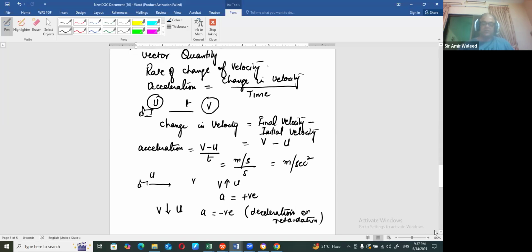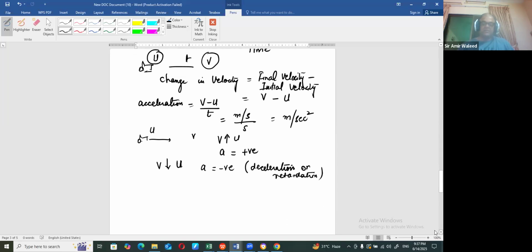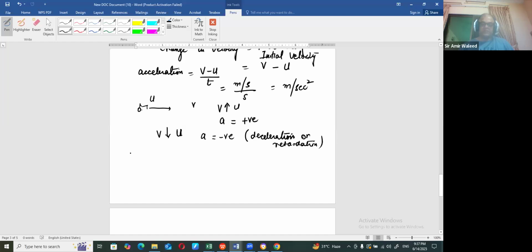Now let's see an example. Let's suppose a car is moving with a velocity of 50 meters per second. After time t equal to 10 seconds, the speed increases to 100 meters per second.